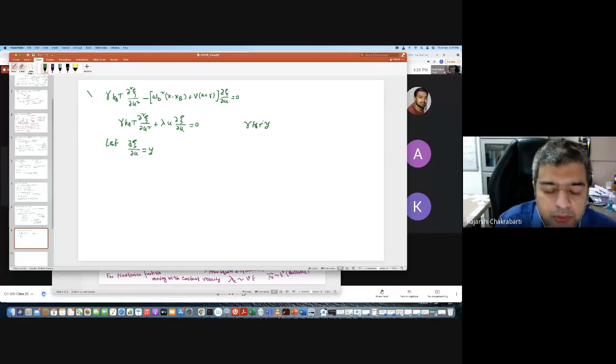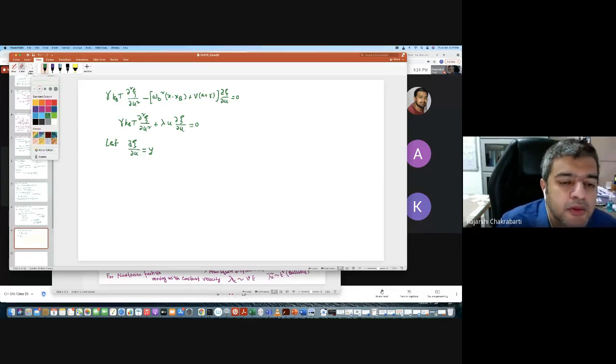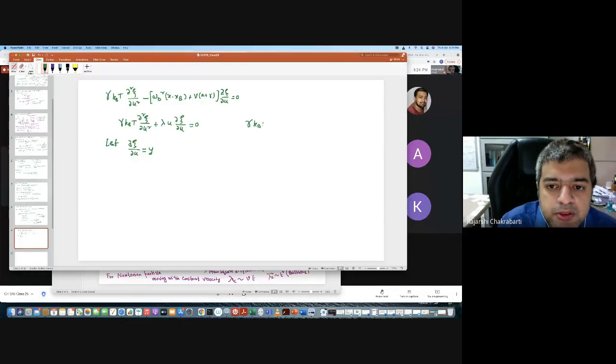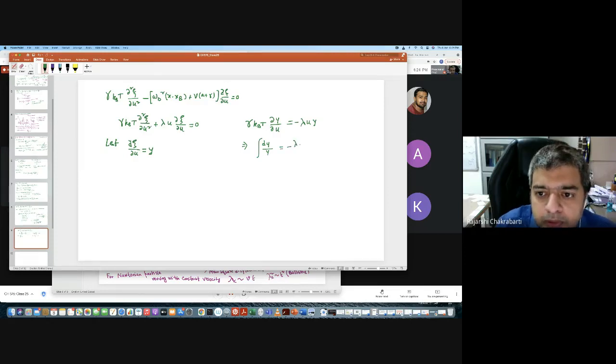So I have gamma kVt del y del u is equal to minus lambda u into y, and this means that lambda by gamma kVt u into du.